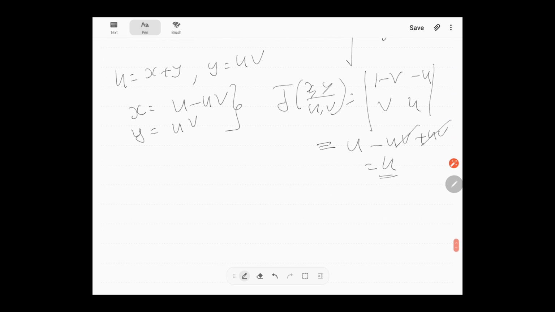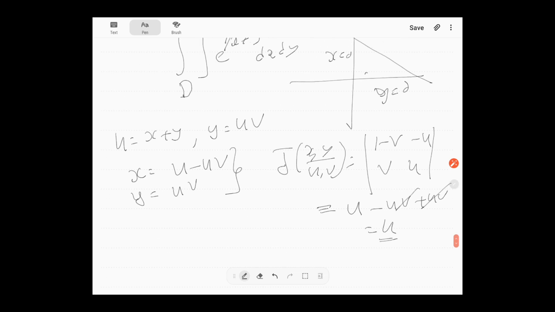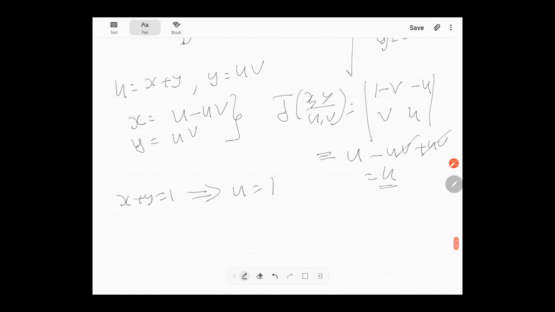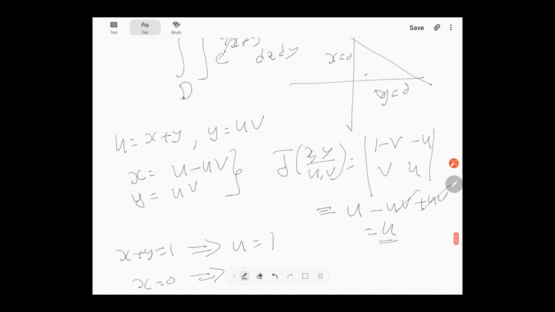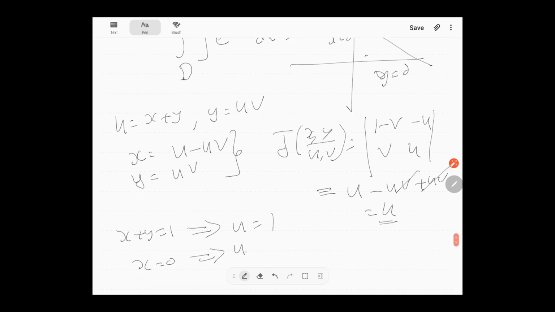Now, how does the region of integration change? If x plus y is equal to 1, then it becomes u equal to 1. Another is x equal to 0. X is represented as u minus uv equal to 0.